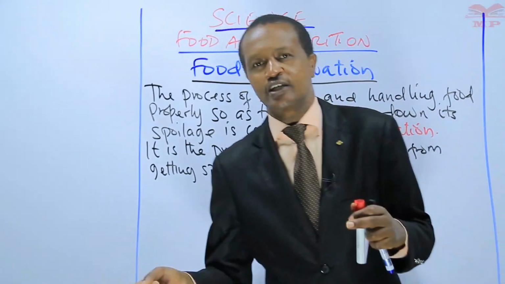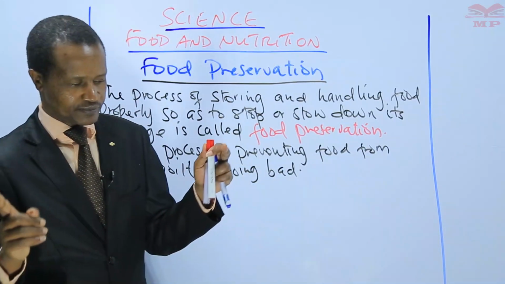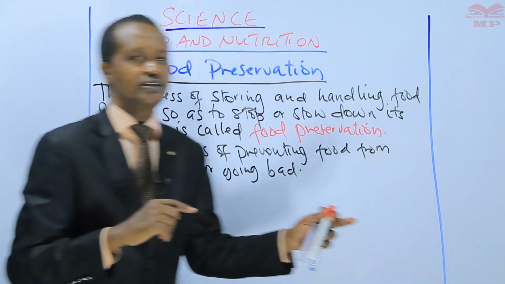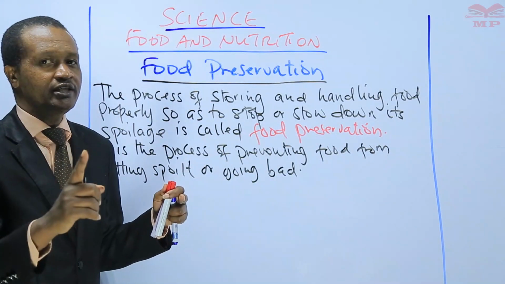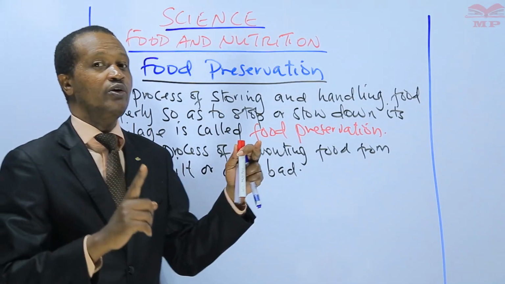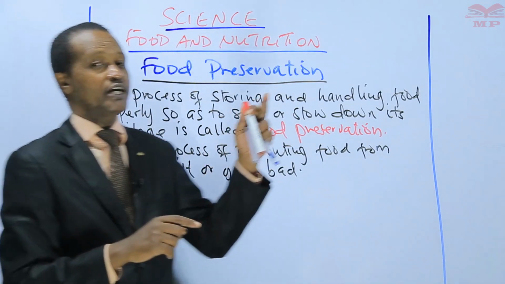Other foods like grains, things like beans, groundnuts, maize, can be preserved for a long period of time.